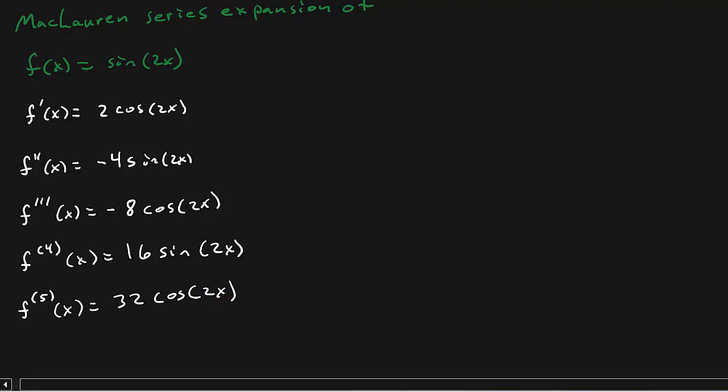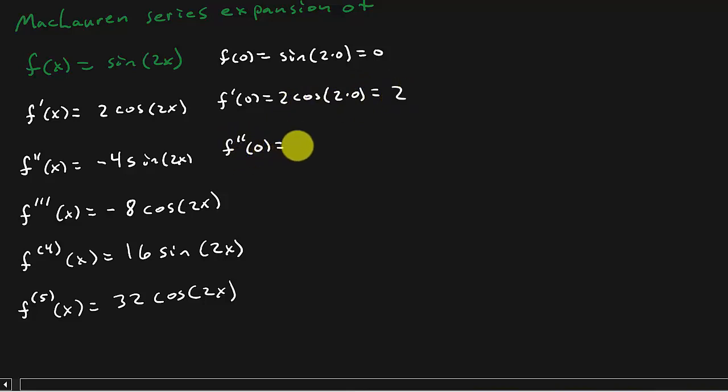All right, so here we get f of 0 is sine of 2 times 0, which is 0. F prime of 0, which is 2 times cosine of 2 times 0. Well, cosine of 0 is 1, so 1 times 2 is 2. F double prime of 0, that's 0.